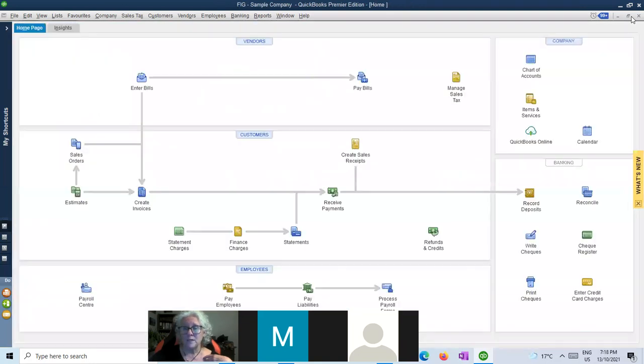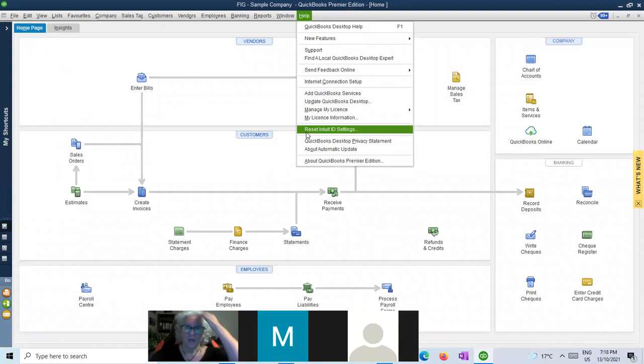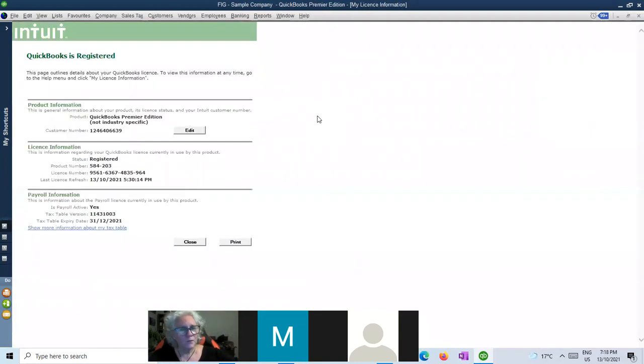And one of the things that you have to be careful with in QuickBooks is your license information. The license information is important here because your tax table has to be up to date. So Revenue Canada states in January, you want to update your payroll.